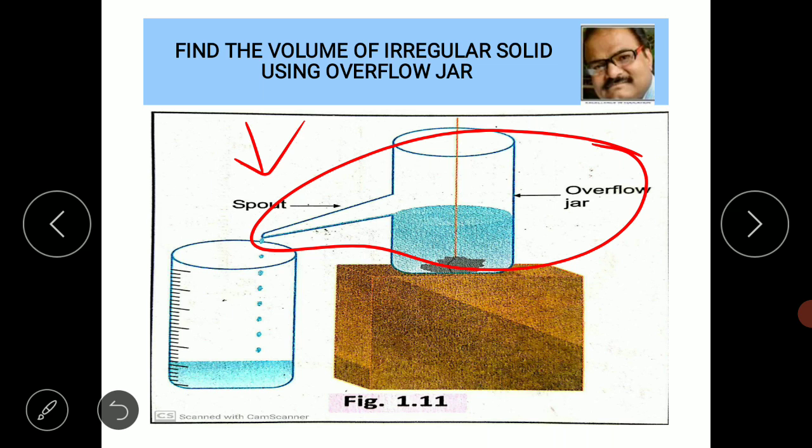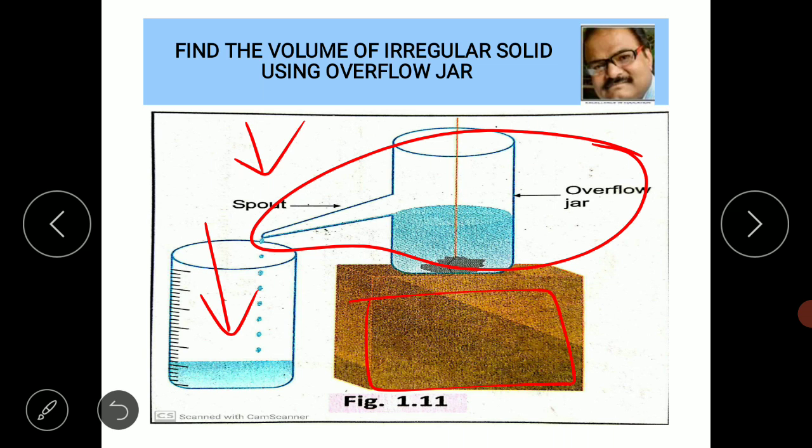That is an outlet. It is like a beaker. So what happens to this Eureka can or overflow jar? It is kept on an iron or a wooden block, a little raised, so that below the spout, we can place a beaker or another measuring cylinder.